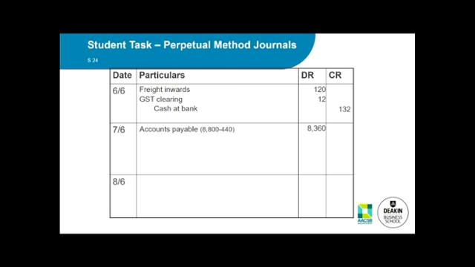We owe them 8800, but 440 is the return that we made before. So we only owe them 8360, but we're actually paying them $7,500.